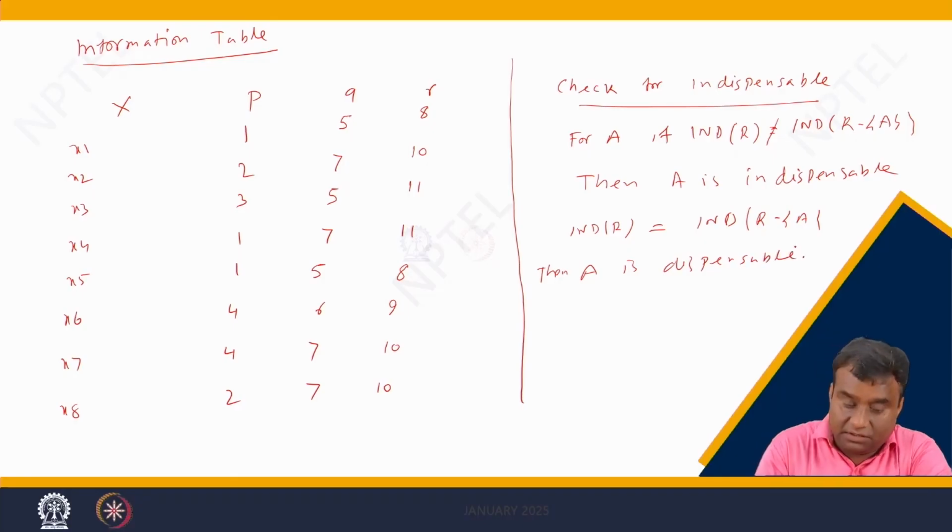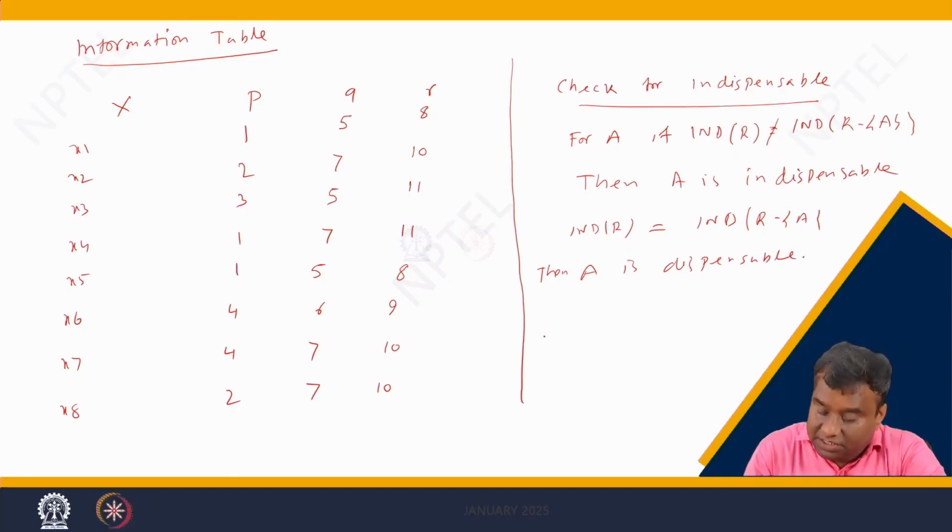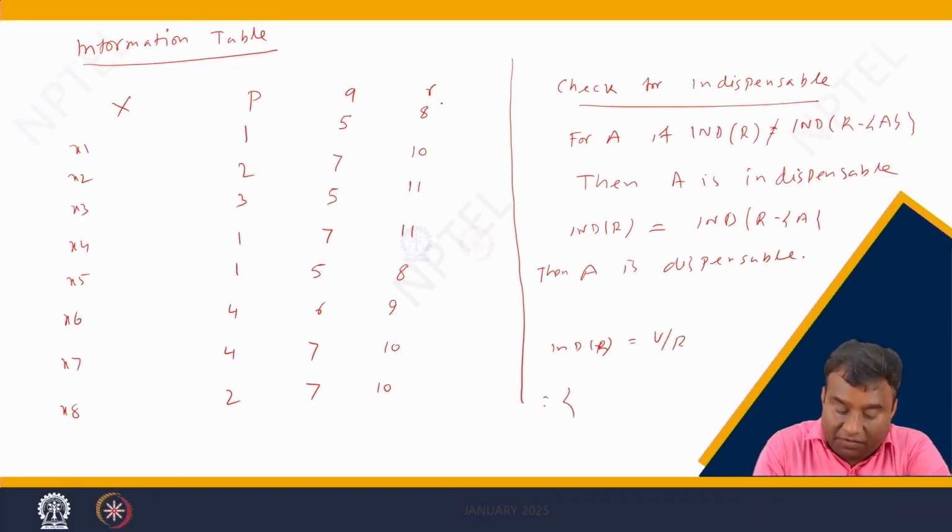Before that, we try to find the indiscernibility relation of R for the whole set, that is U by R. So see here, 5, 8 and 5, 8 give x1, x5. Now x2 has 2, 7, 10, and so does x8, so x2 and x8.